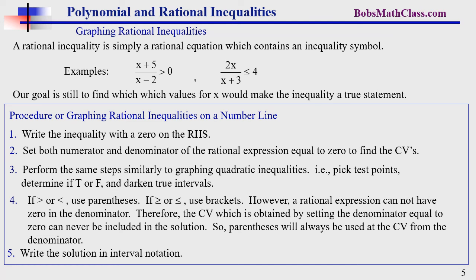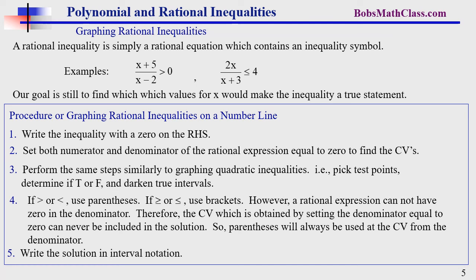We're going to do the same steps, which means we're going to pick test points in each region and determine if it's true or false. And again, we will darken the true. Number 4, if it's greater than or less than, we're going to use parentheses. If it's got the equals, we're going to use brackets.